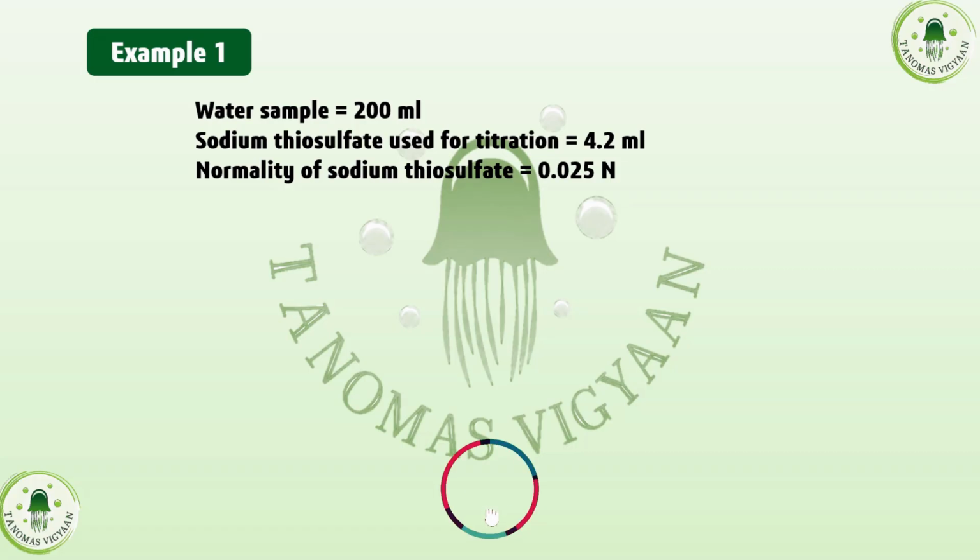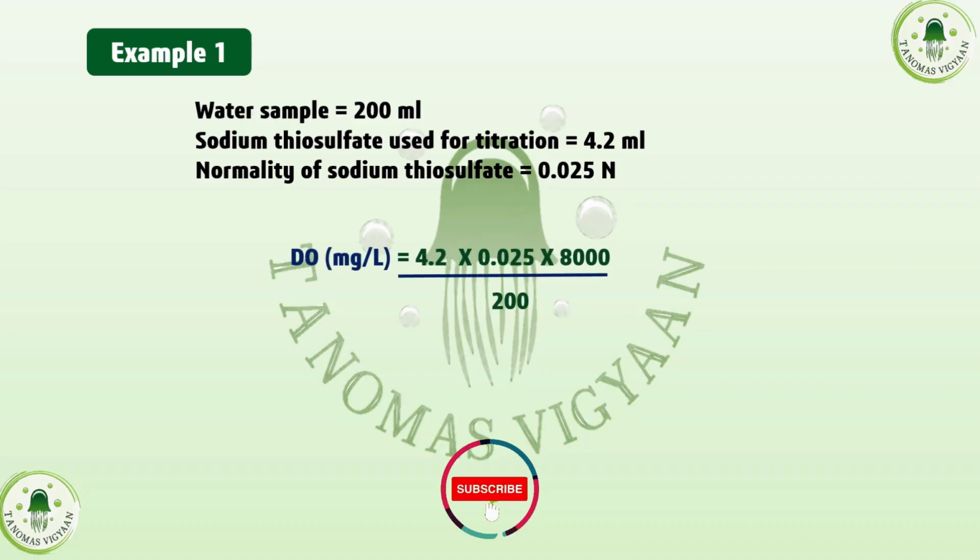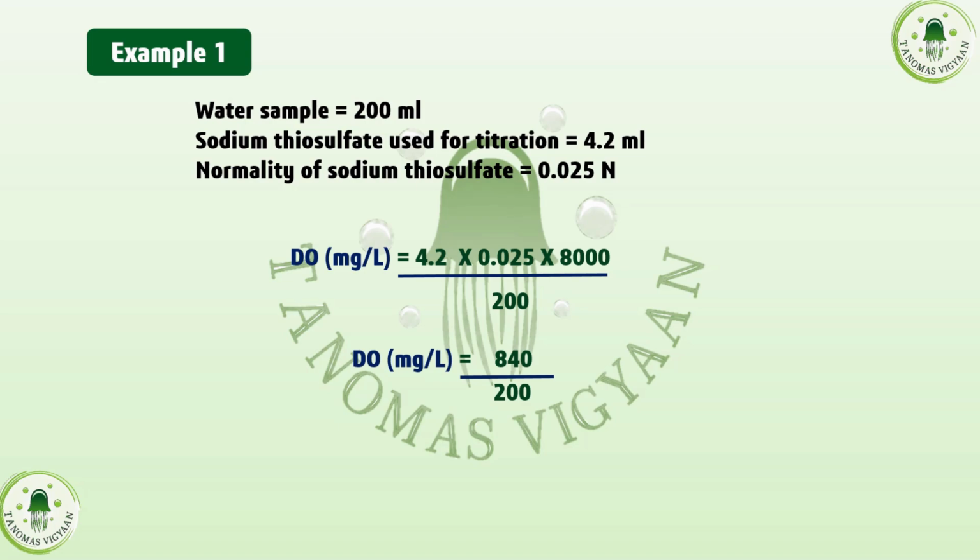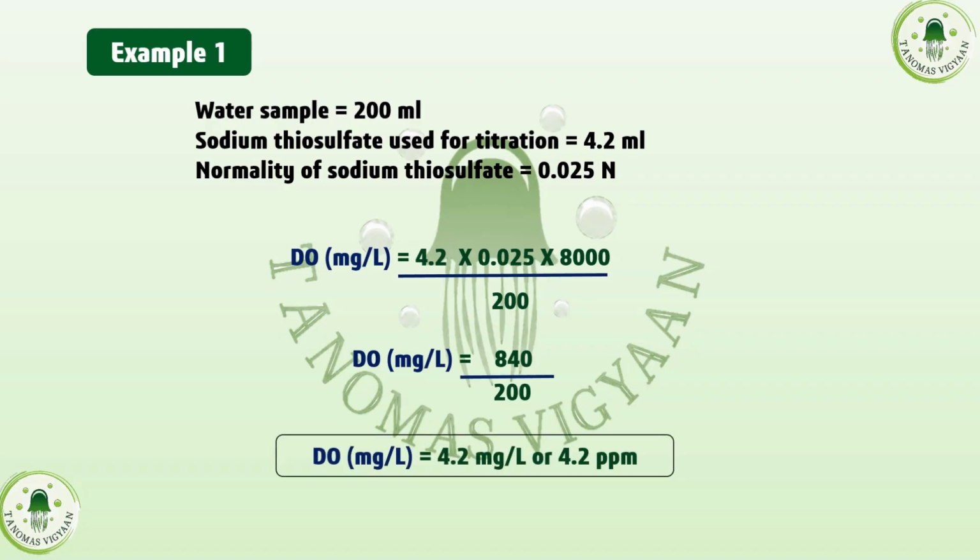Now putting all the data in our formula: DO is equal to 4.2, this is the capital V, into N, which is 0.025, the concentration of sodium thiosulfate, into 8000, divided by the volume of the water sample, that is 200. After the calculations we get DO is equal to 840 divided by 200, and the final DO will become 4.2 mg per liter, which we can also write as ppm.